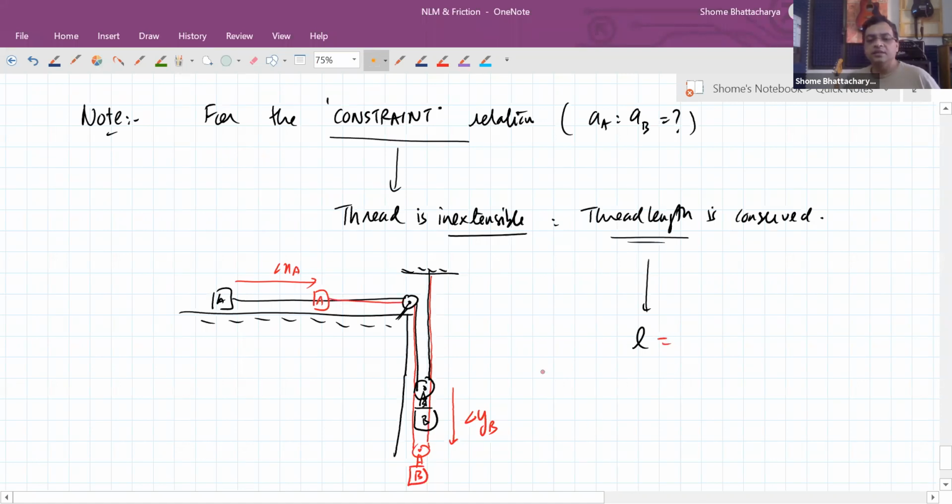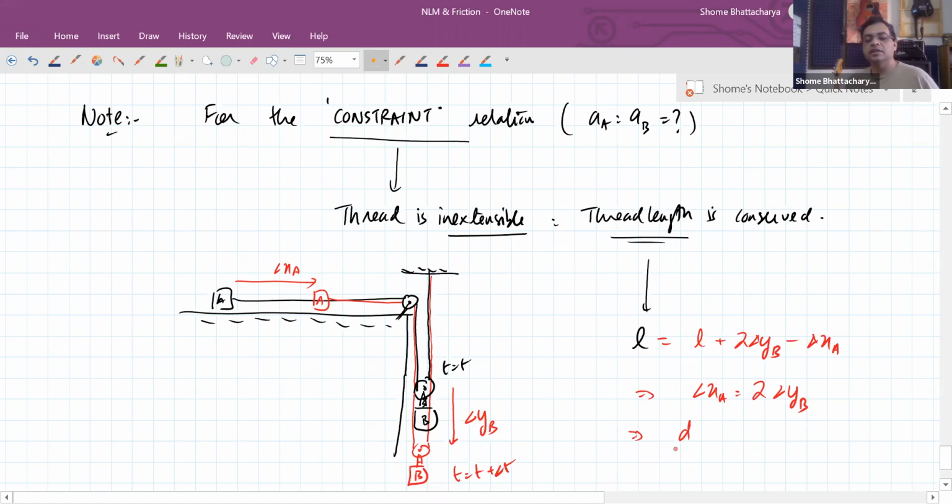So this thread length at this new time, compared to the original time, has increased on this side by 2 times delta Y_B, but on this side it has decreased by delta X_A. So this has to be equal to the original thread length, which means that A's horizontal displacement is twice B's vertical displacement.